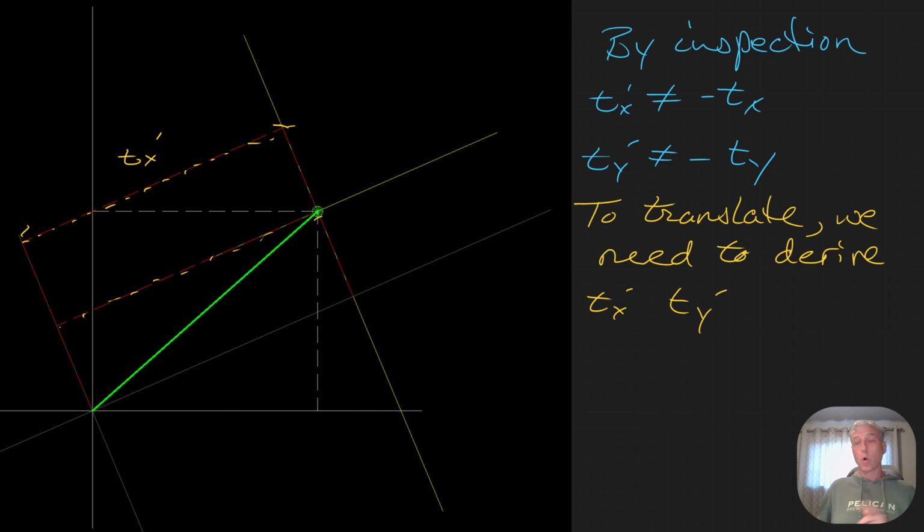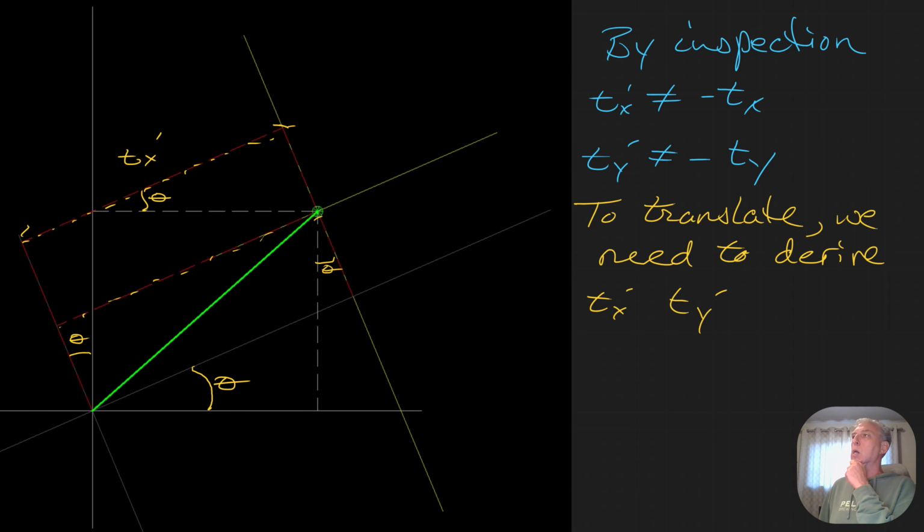That's one of our goals. So let's focus on tx prime first. We know we have some similar triangles. So this is angle theta. This is the angle by which we rotated our axis. So here it should be easy to see that that's also angle theta, this is also angle theta, and this is also angle theta.